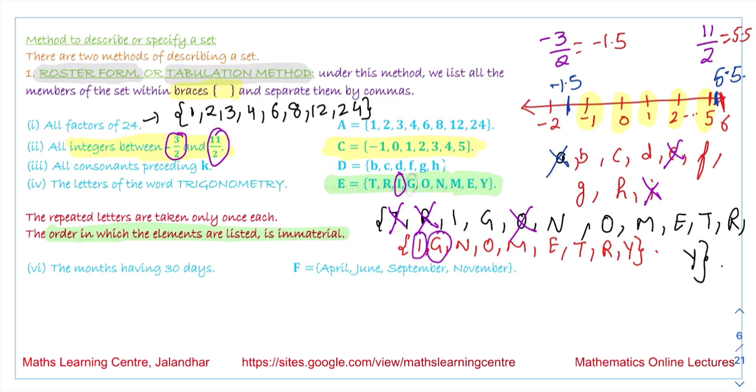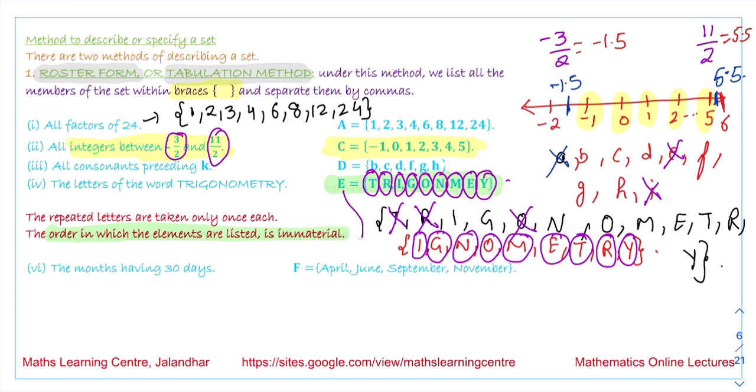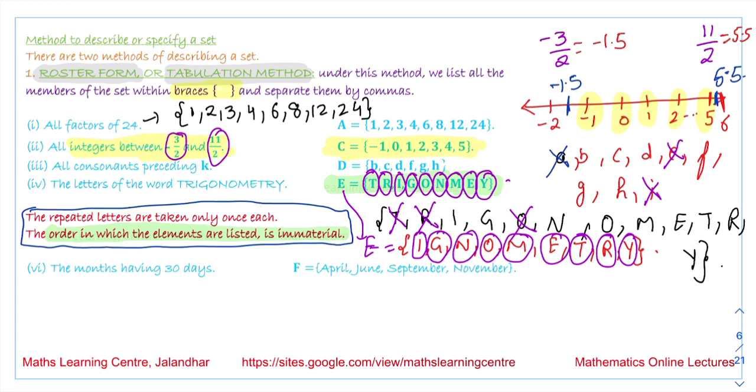Then we have G, O, N, M, E, T, R, and Y. So both these sets are the same. These two things are what we noted: repeated letters are taken once each, and the order in which the elements are listed is immaterial. Both collections represent the same set.